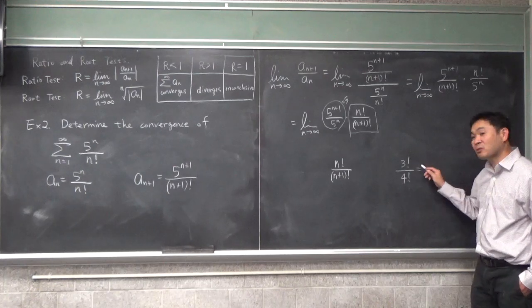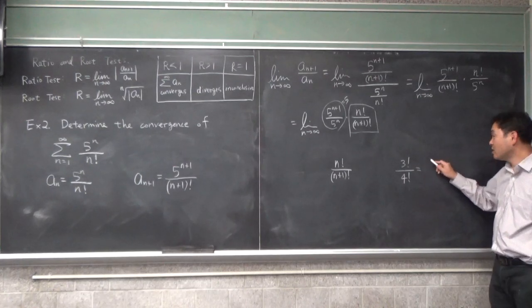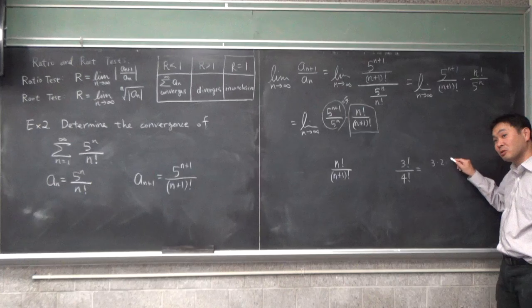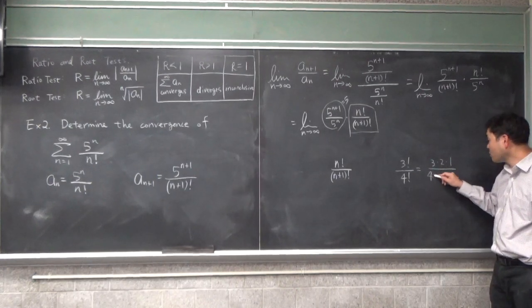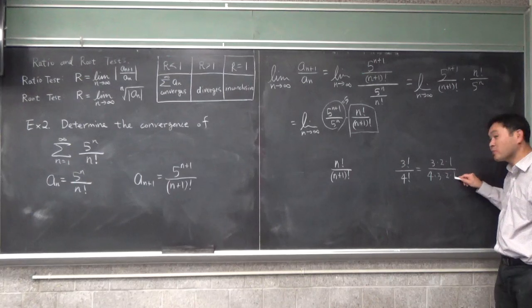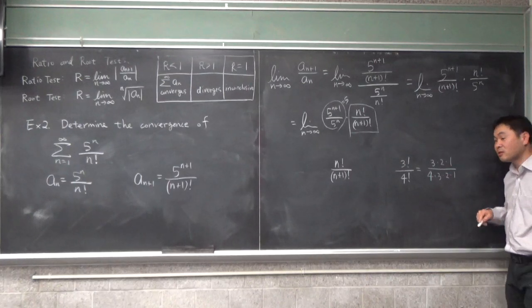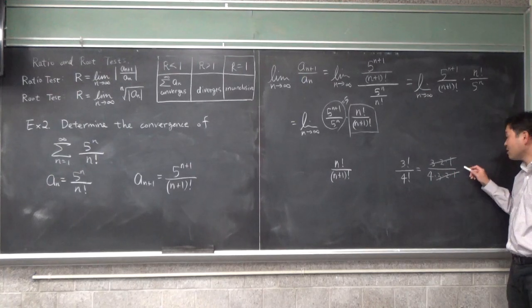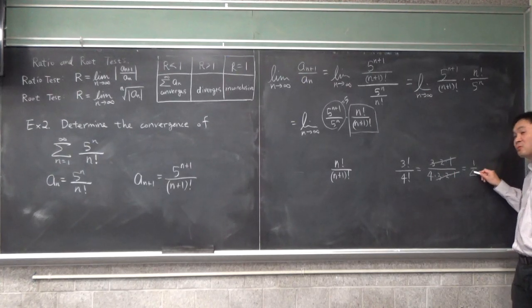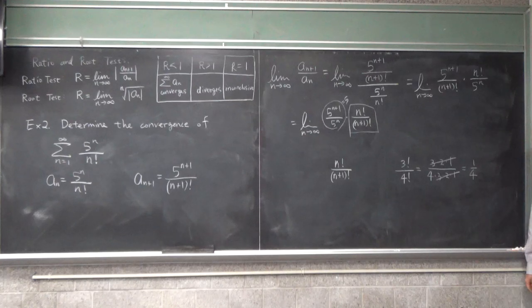And then what does 3 factorial mean? 3 times 2 times 1, right? What does 4 factorial mean? 4 times 3 times 2 times 1. How can you simplify this? Cross out the 3 times 2 times 1. And you get 1 over 4.